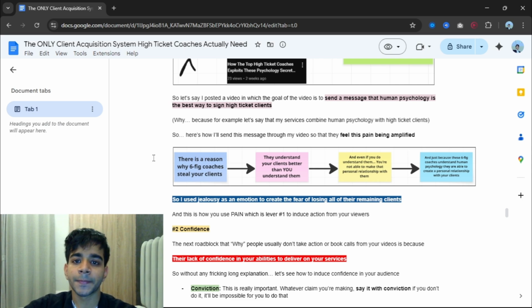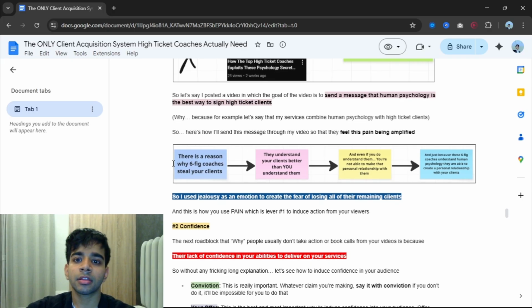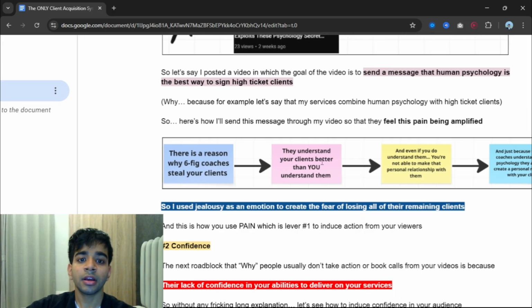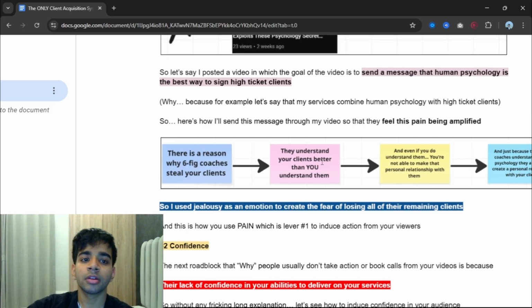I'm going to create this video with a specific chain of beliefs. The first thing would be: there is a reason why six-figure coaches steal your clients. They understand your clients better than you understand them, and even if you do understand them, you're not able to make a personal relationship with them, which you should be building, which is the most important thing in client acquisition.